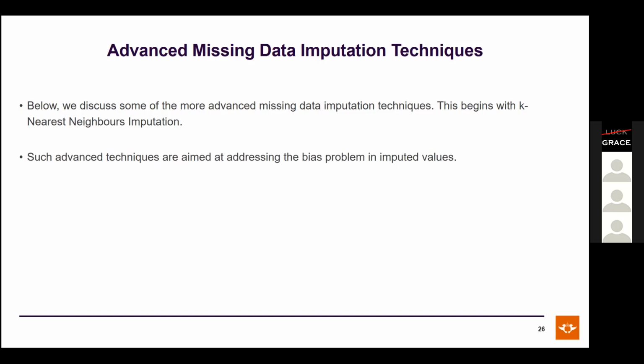So the whole point of advanced missing data imputation techniques is basically to address the bias issue in your estimates. So regression methods and multiple imputation are already designed to address the bias problem. Now, these advanced techniques take the addressing of the bias problem in your imputations further.